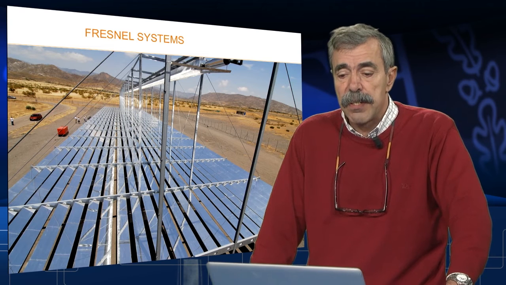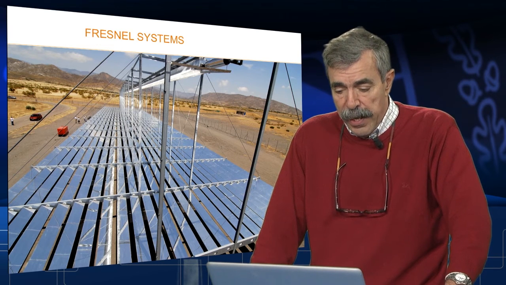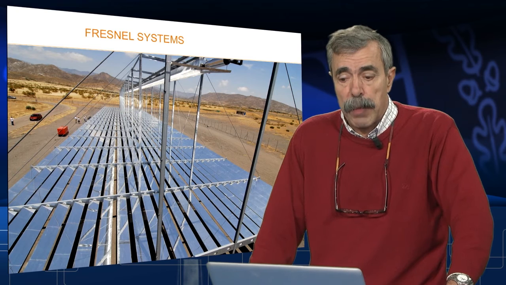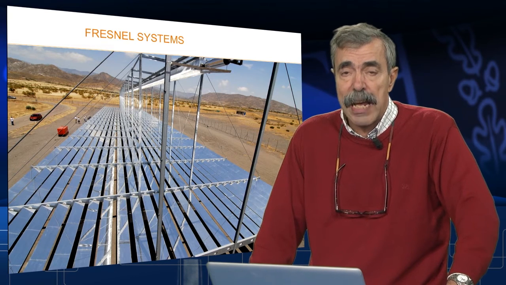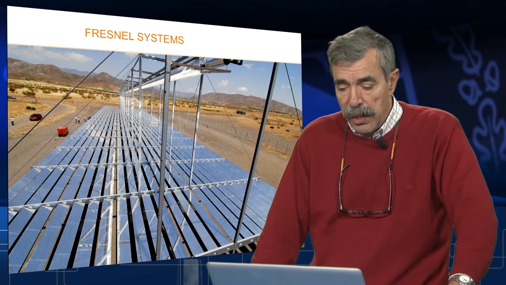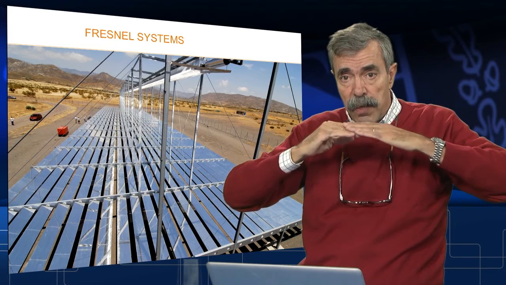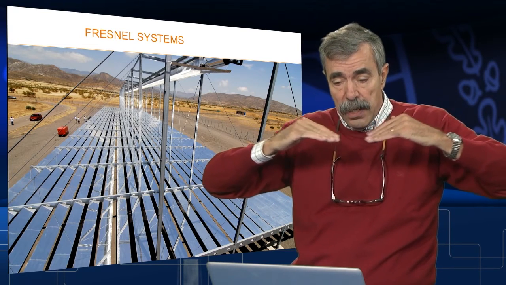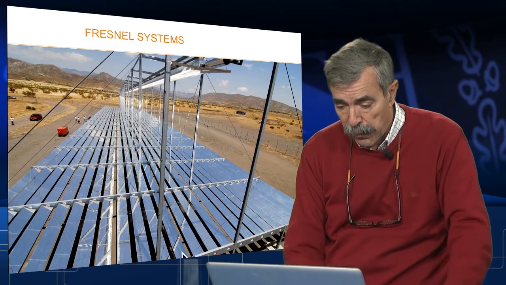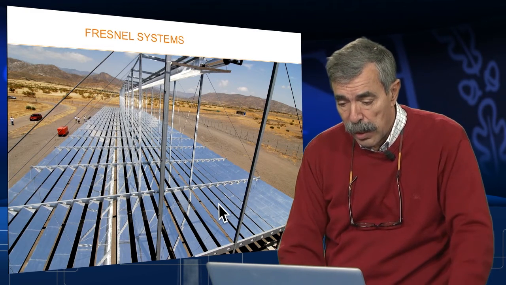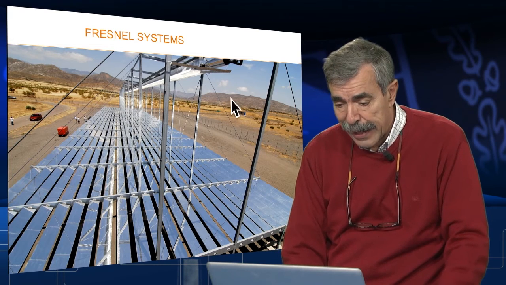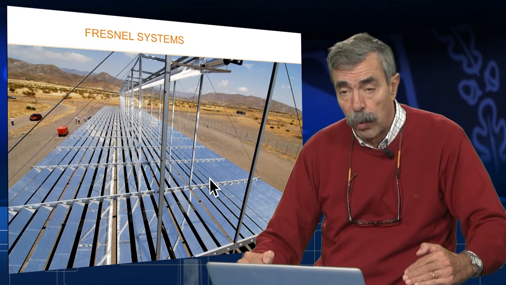Another very interesting system is the Fresnel system. Later on I'm going to be speaking about the parabolic trough, but this is a system which is emulating the parabolic trough. Instead of having a real parabolic shape, tracking the sun and concentrating the light on the focal point, what you have here is some flat mirrors, but those flat mirrors are oriented in a way that they are emulating an actual parabola.